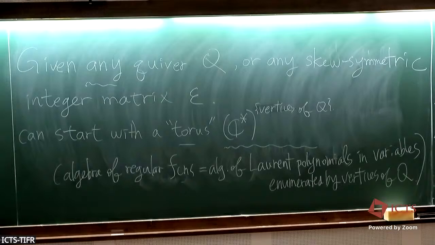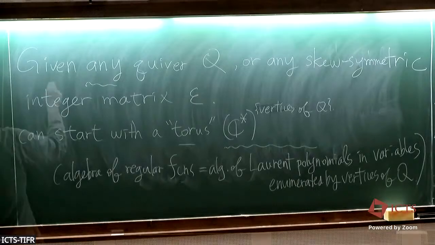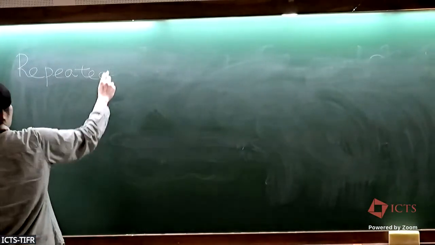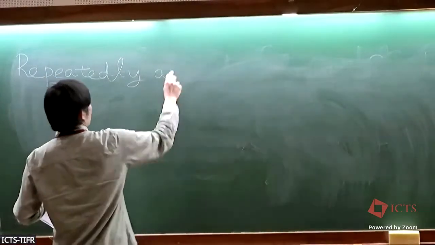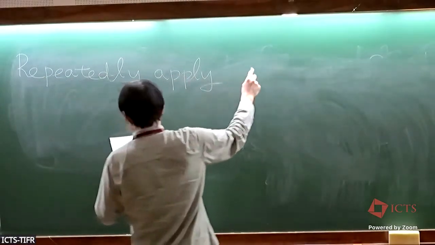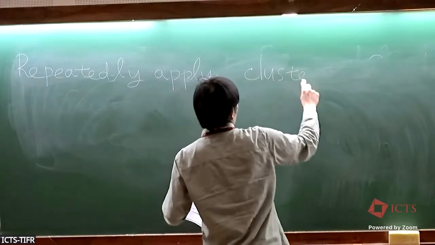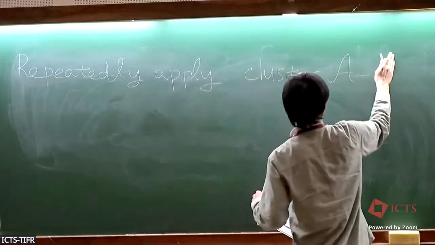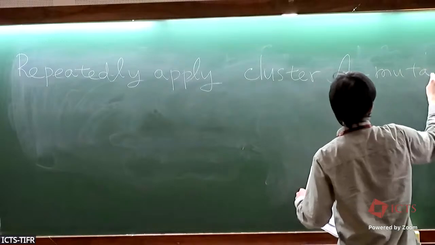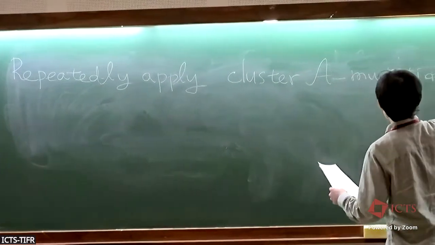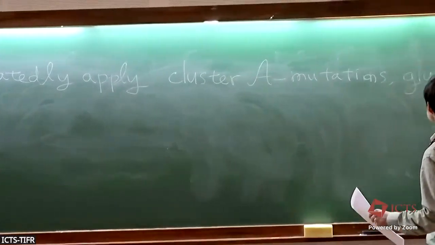So what you do is you start from one torus, which is equipped with one quiver, and then you repeatedly apply cluster mutations. Let's say cluster A mutations only at the moment. And then you glue all resulting tori.